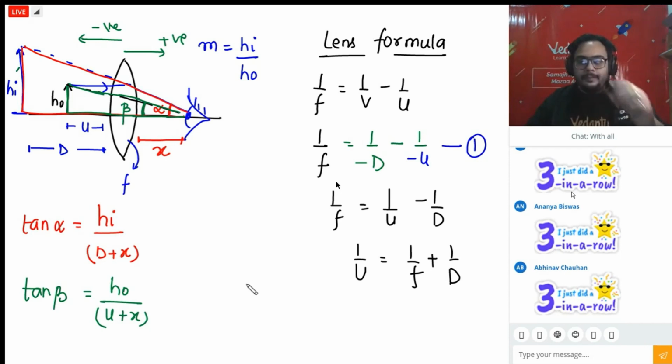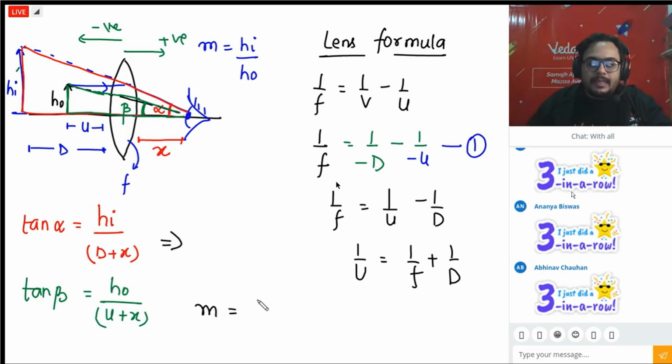Okay. So just take the ratio of these. What value of magnification are we going to get? I think d plus x upon u plus x. Am I correct?